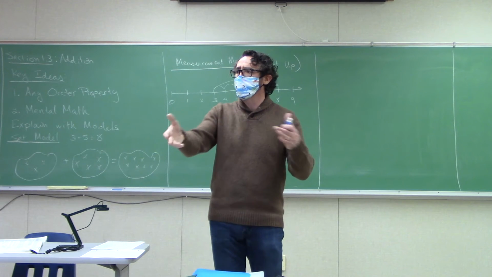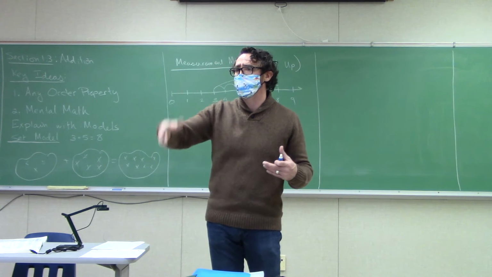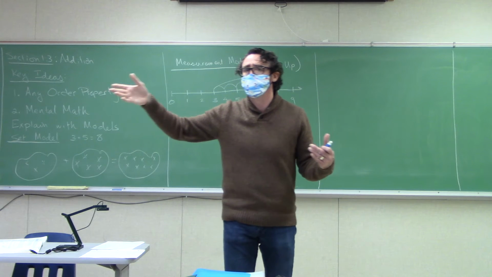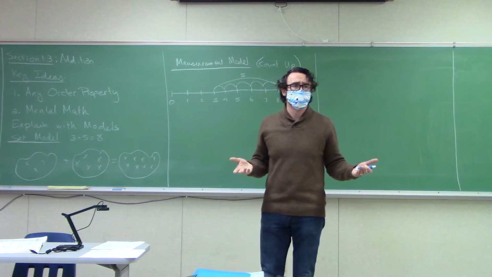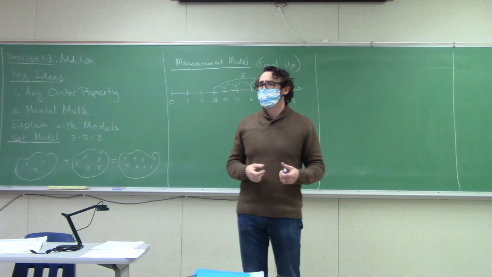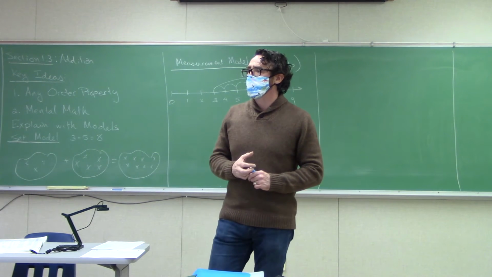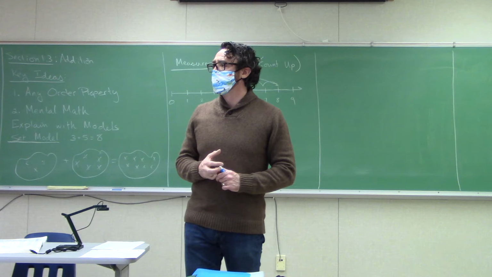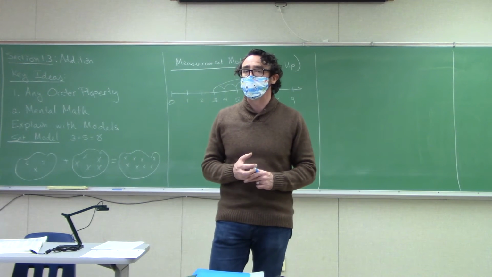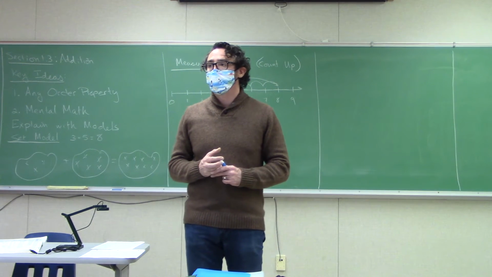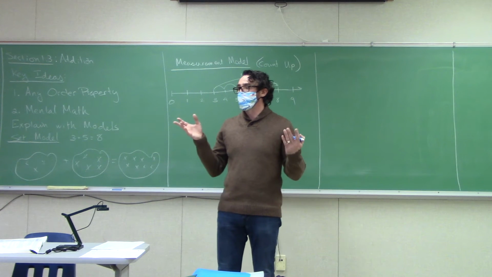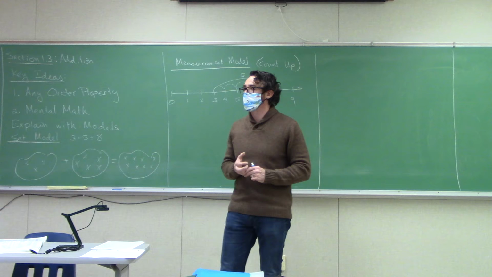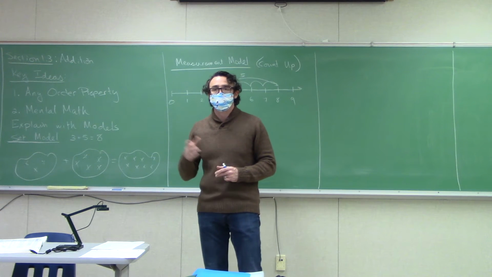Could I give you more? Could I say add 3 and 5 and 7? Sure. And how would you do that? What do you do if I gave you 3 numbers to add? Start with 2, and then whatever you get from that, add the third.